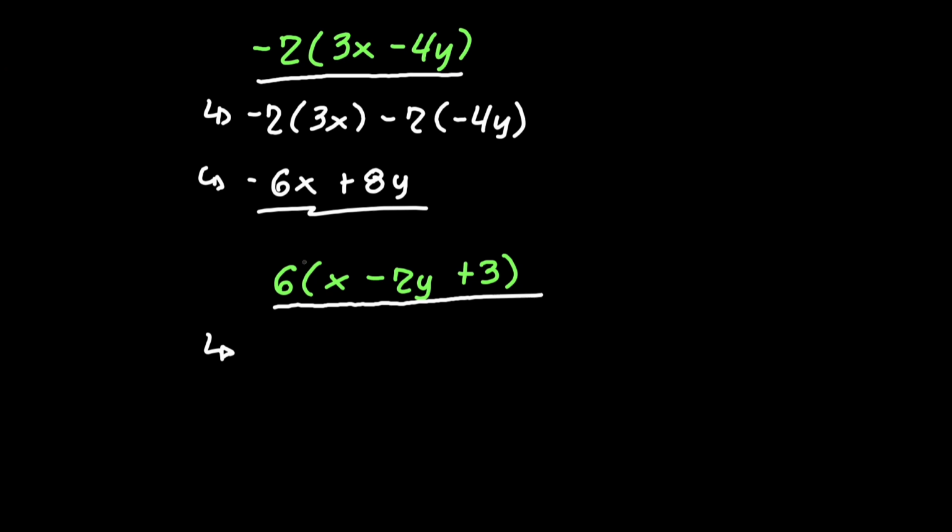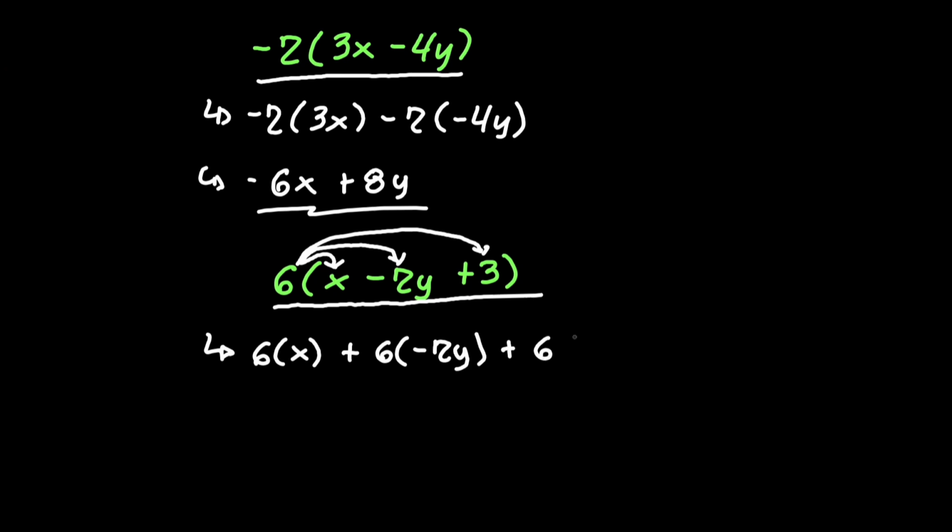Do not be overwhelmed, just distribute this once again: 6 multiplied by x, 6 multiplied by negative 2y, and 6 multiplied by 3. So the final answer would be 6x, negative 12y, and 18.